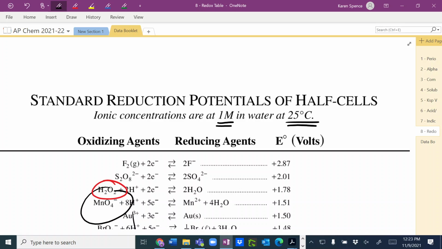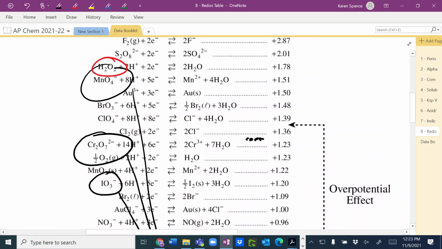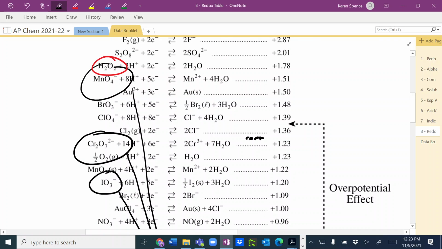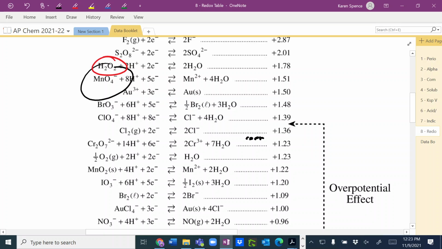So if you are asked to draw an electrochemical cell, what molarity should you choose for your solution? 1 molar. And what if we had a gas, like some Cl2 gas? That's going to be 1 atmosphere of pressure. So they're pretty easy to remember. 25 degrees Celsius is apparently room temperature, although that's really hotter than I would like to keep my room.